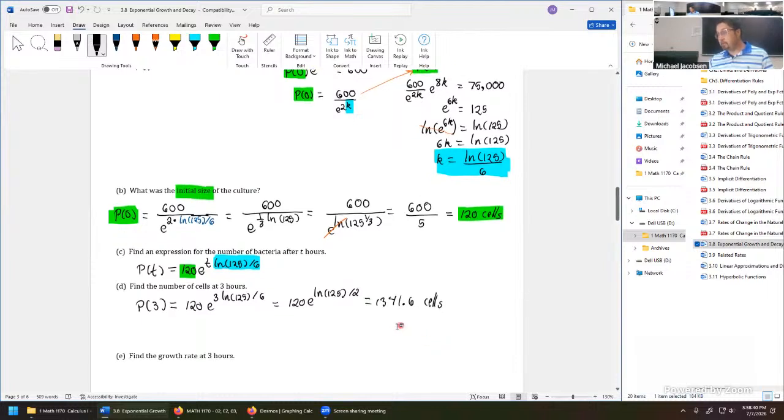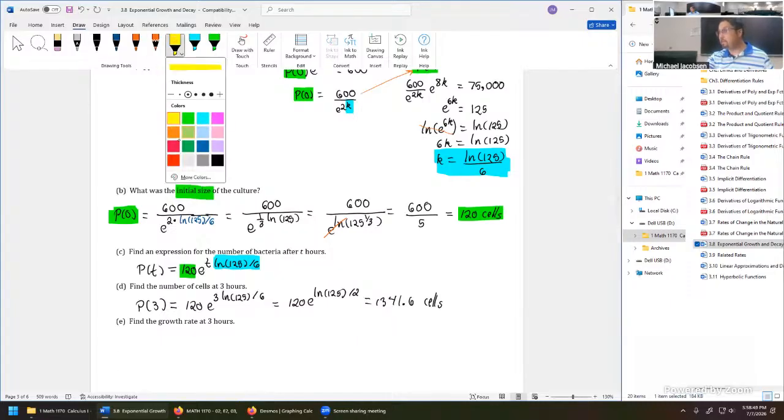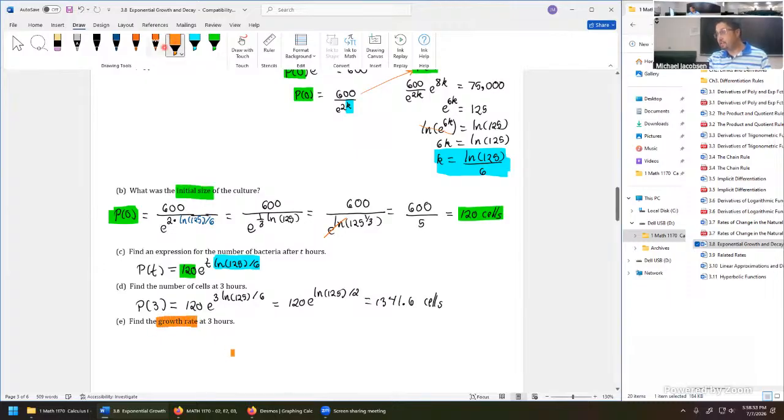Well, the next question is about the growth rate at 3 hours. But here's where we should pause and reflect, because that word is once again a big buzzword in calculus whenever it comes up. When you see rate, growth rate, decay rate, relative rate of change, anything along those lines, we mean derivative.